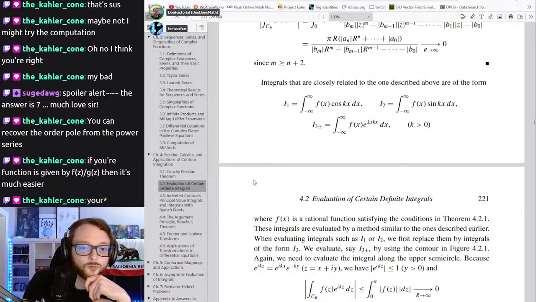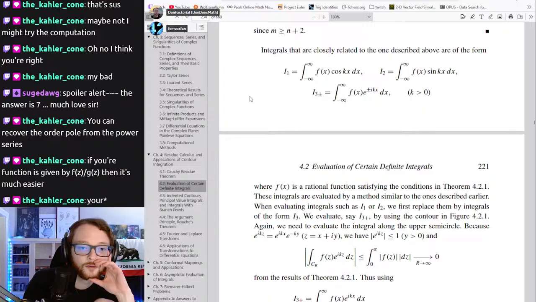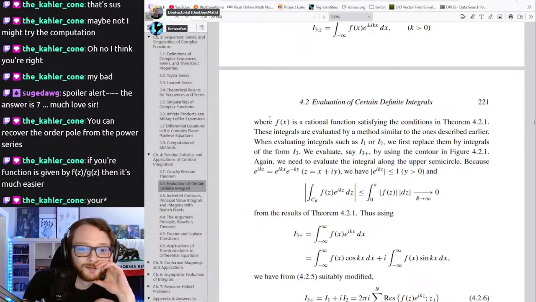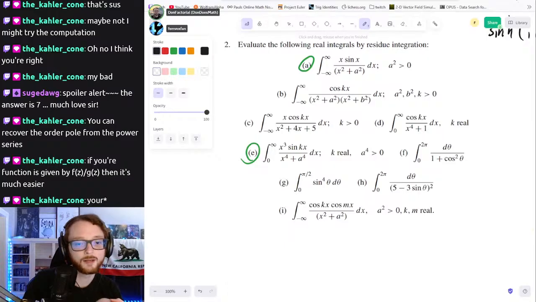Whenever sine or cosine were involved, they were making it e to the ix. They're saying plus or minus. How do we know which one is plus or minus? I think they said you could go either way for the contour.